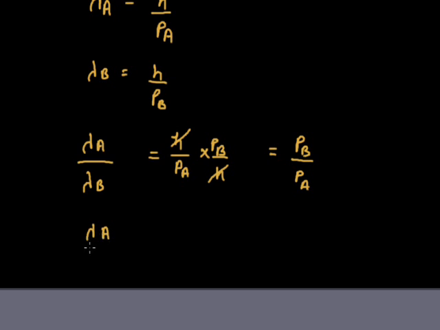Then lambda A upon lambda B is equal to half PA upon PA, which will be equal to half.